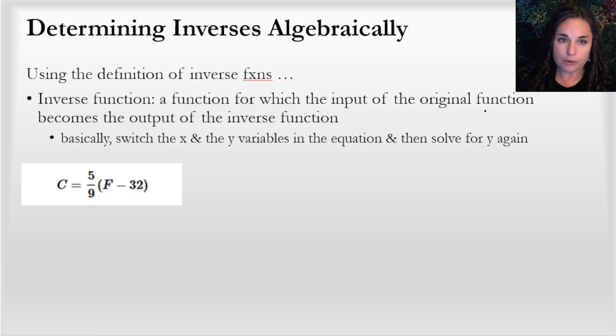It says the input of the original function becomes the output of the inverse function. And what that means is we're going to switch the x and y variables. I have this example for converting degrees Fahrenheit to degrees Celsius, and I'm going to put a pin in that for one second. What I wanted to do first was find the inverse of a line.